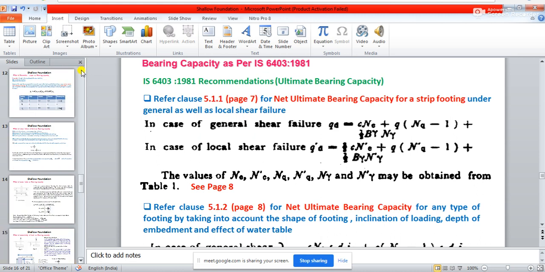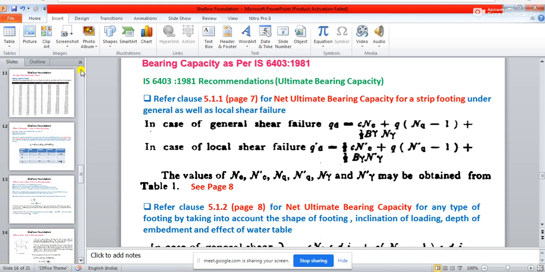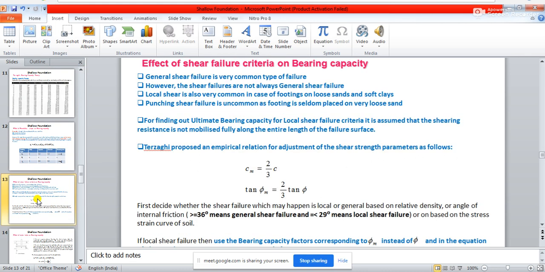If you go back to the slide, you will be clear. Come to this slide. Have we discussed this? In case of local shear failure, you need to mobilize it. You need to reduce your c by 2/3, and phi needs to be reduced in this way: tan phi m is equal to 2/3 of tan phi.